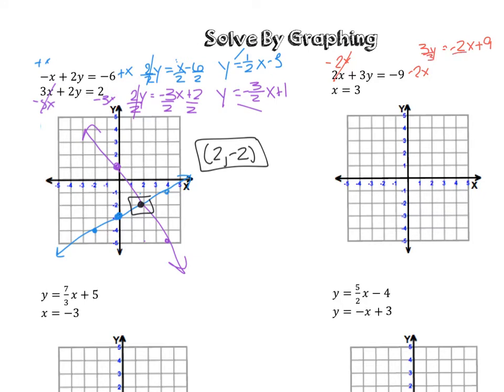Divide everything by 3. So y equals negative 2/3 x plus 3. So we start at 3. It's a negative slope. It goes down 2 over 3, or up 2 backwards 3. And draw your line in.